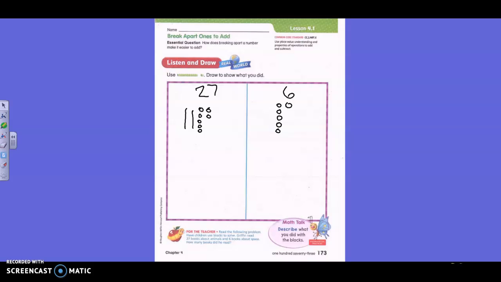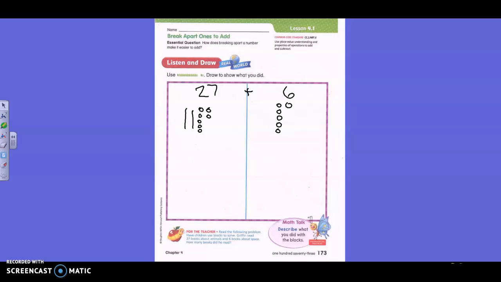Now, boys and girls, it said how many books did he read? If you look at this, you would add these two numbers together to find the answer. But we're drawing a picture to help us, okay? Now, listen. We can trade some of these ones and put them over here to make a tens number, to make 27 a tens number.